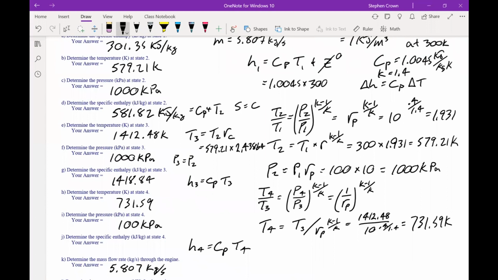And when we multiply that, we get 734.88, which is 1.0045 times 731.59.